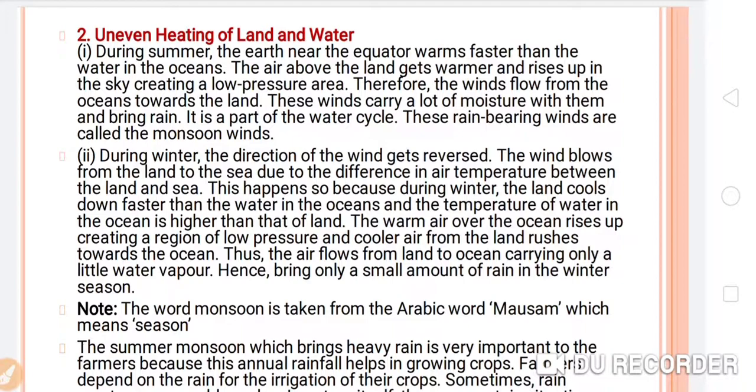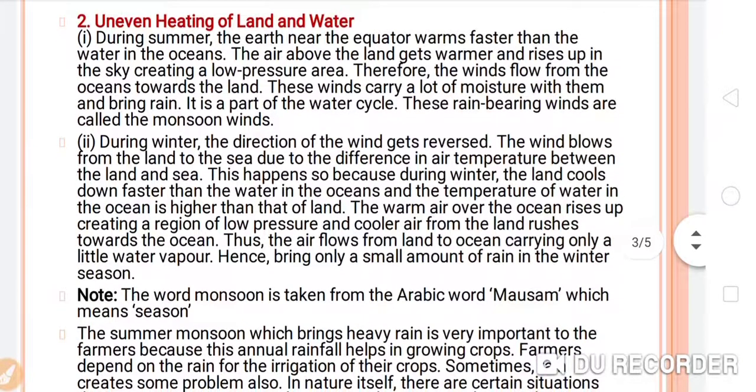That is the reason there is a high pressure area there. These winds carry a lot of moisture with them and bring rain. It is part of the water cycle. These rain bearing winds are called the monsoon winds.